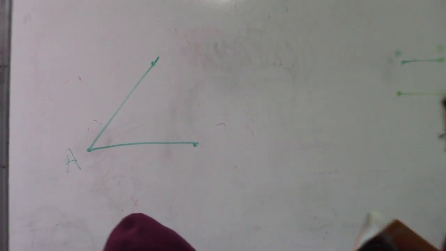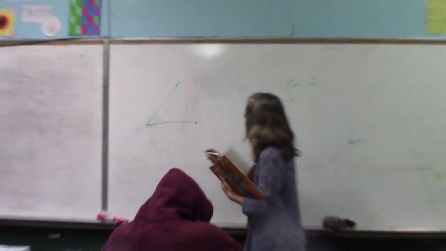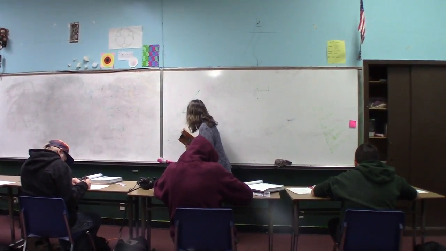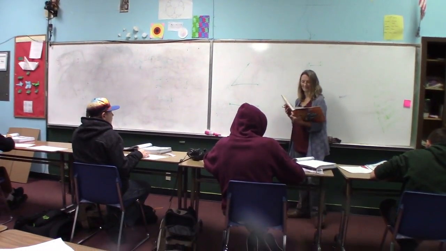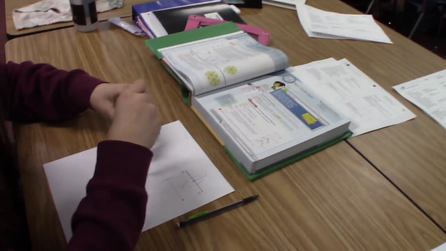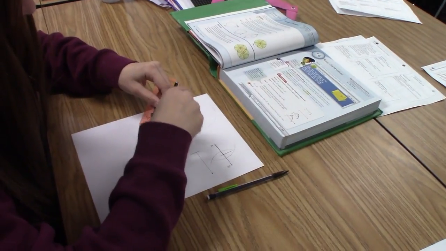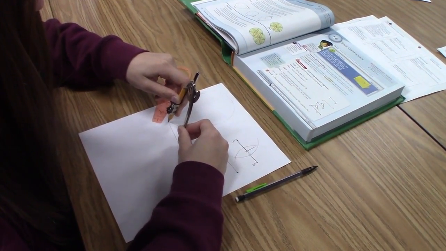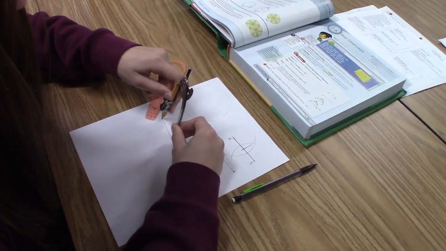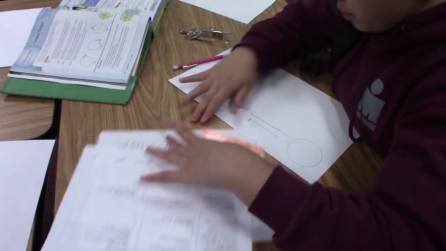So you draw a segment with a ray, because we're trying to find out what D is. And remember how to do it? You make 2 points on this one.